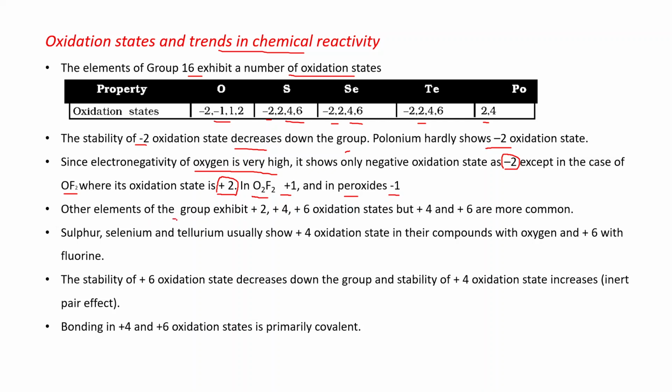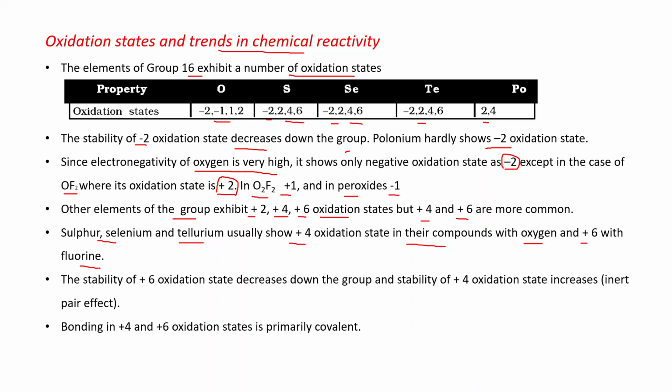Other elements of the group exhibit +2, +4, +6 oxidation states, but +4 and +6 are more common. Sulfur, selenium and tellurium usually show the +4 oxidation state in their compounds with oxygen and +6 with fluorine. Actually, the highest oxidation state is exhibited with the more electronegative element.